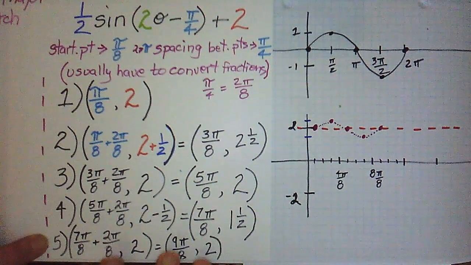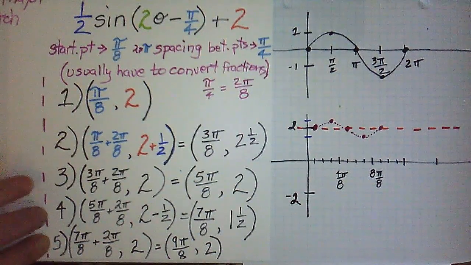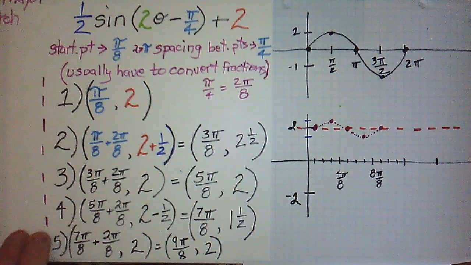You can do this exact same procedure for any graph. Sometimes the denominators get kind of wacky and you have to guess. I've seen pi 15ths, 18ths, but you can do it.